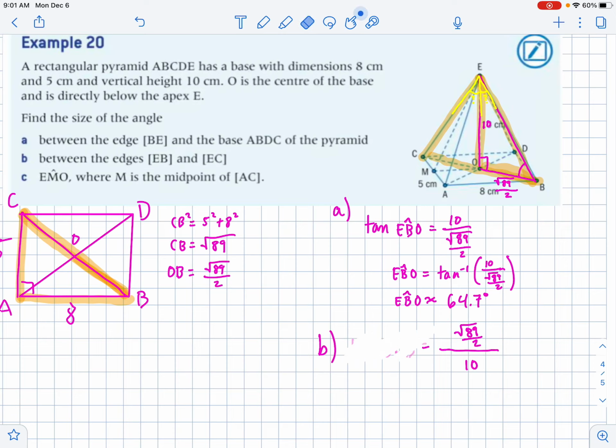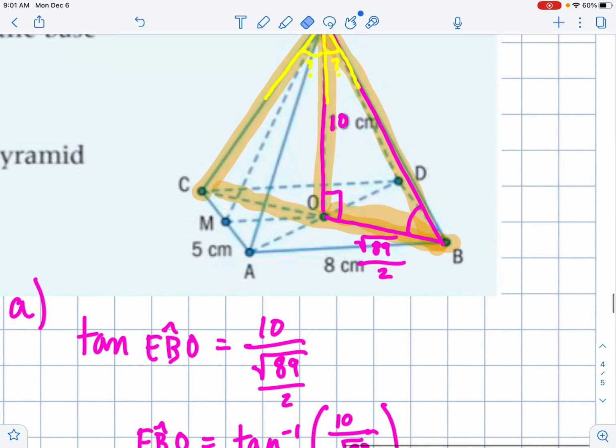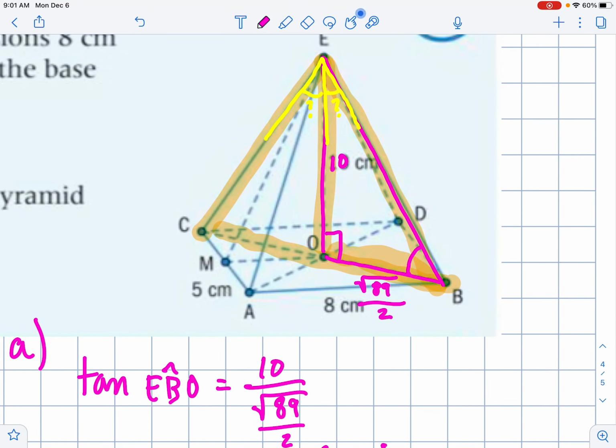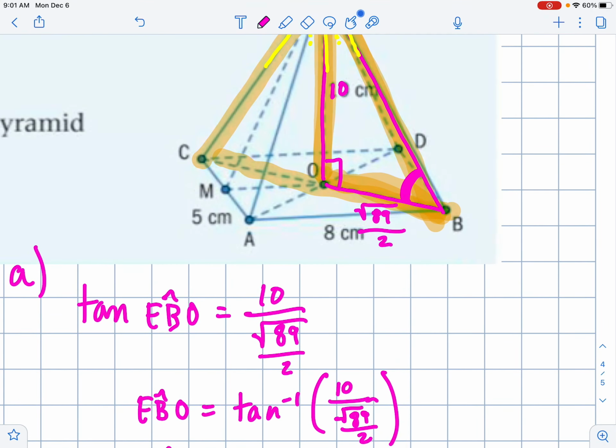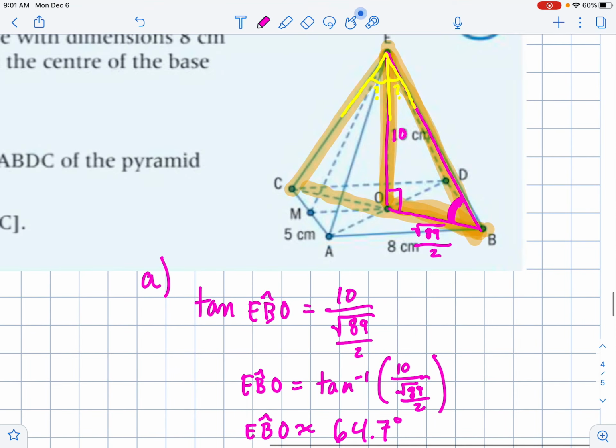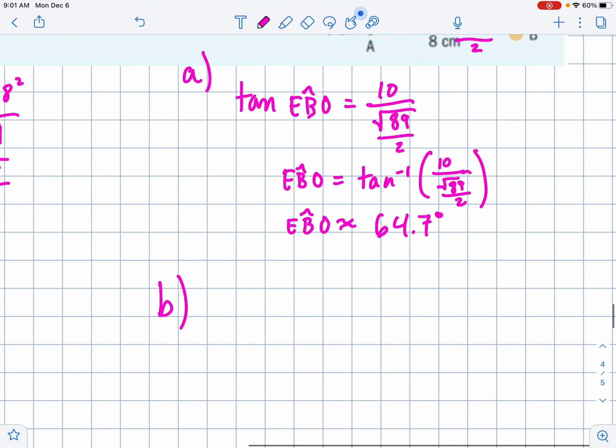I could go this route, but if we look at triangle EOB, we already figured out that this angle right here is 64.7, and then this angle is 90. So we can just subtract those off of 180 to figure out what OEB is.